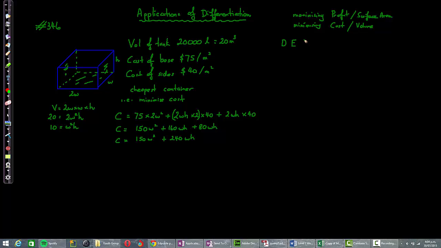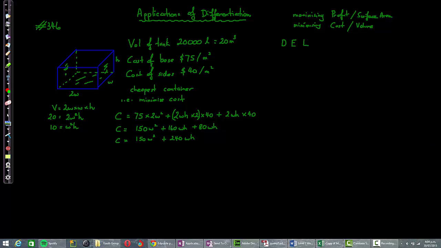Now, the next part is to link the variables here with something. Why? Because I need to differentiate the cost to find the minimum cost, because minimum or maximum is when the derivative equals 0. So I can't differentiate at the moment, and I don't want to use implicit differentiation because that wouldn't really be useful here. But this is where this other piece of information is useful.